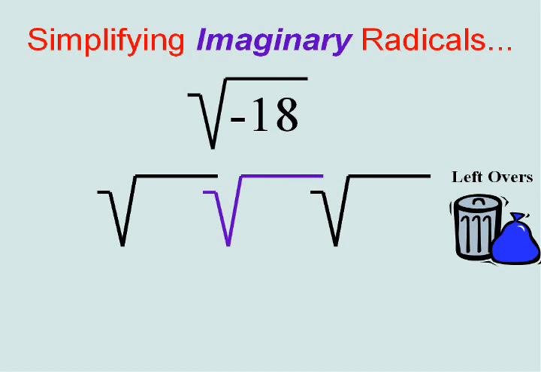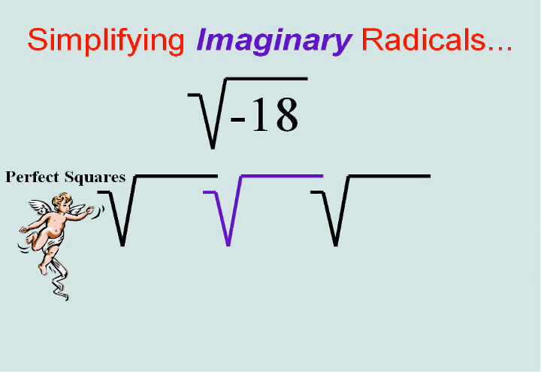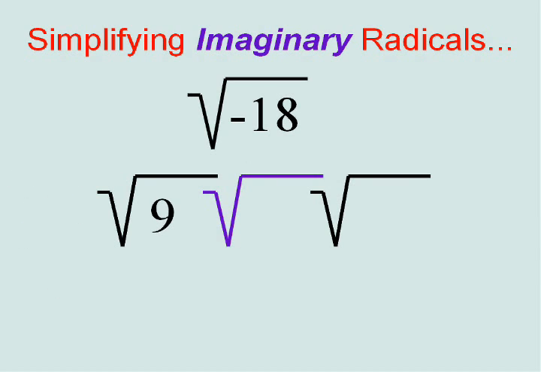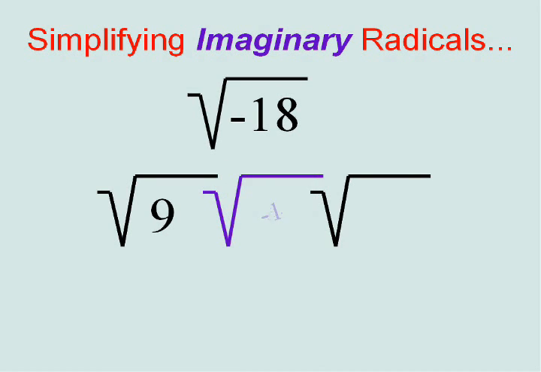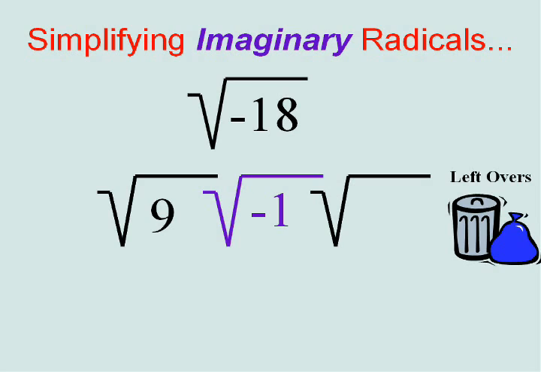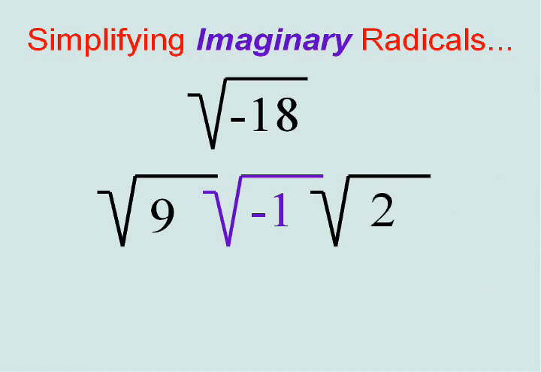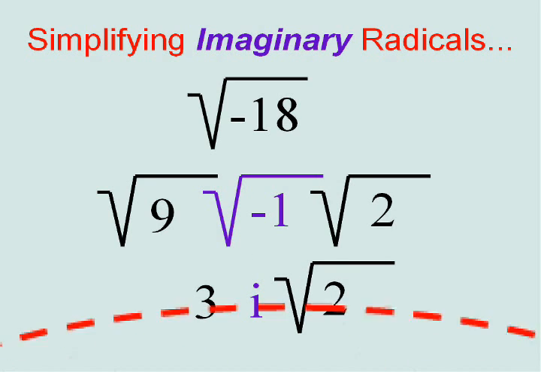In this case, the perfect square is 9. The imaginary part, of course, is the square root of negative 1, and the garbage is the same. So the answer is 3i square root of 2.